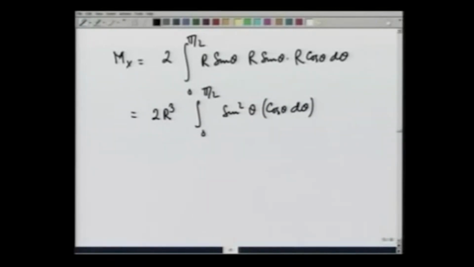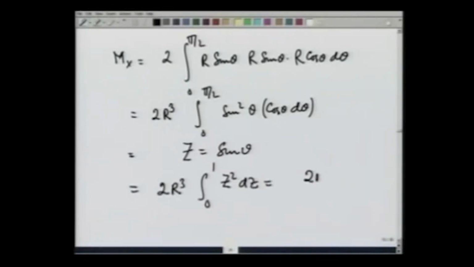Cosine theta d theta is d sin theta, so by substituting z equals sin theta, I can write this as 2 r cubed integration 0 to 1 z square dz, which is 2 r cubed divided by 3.